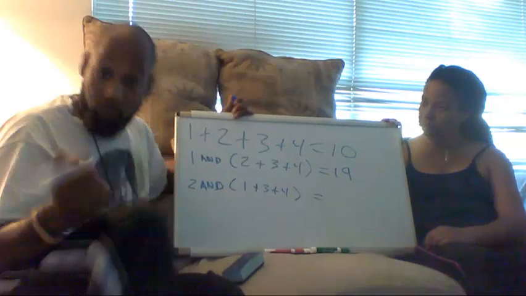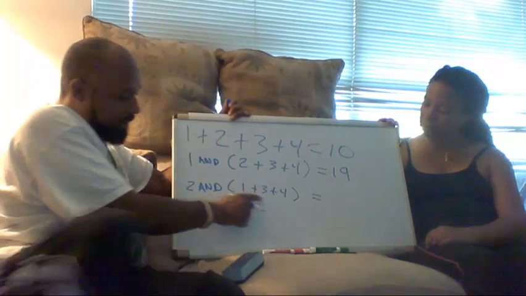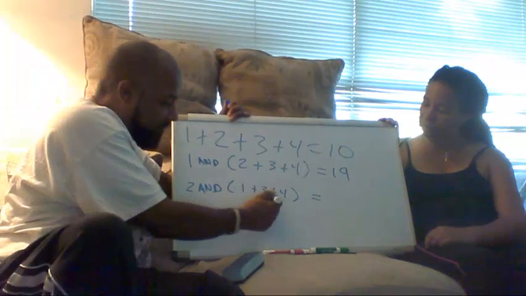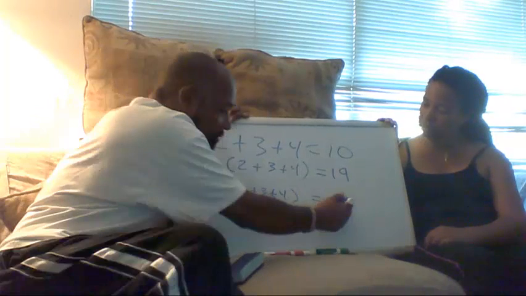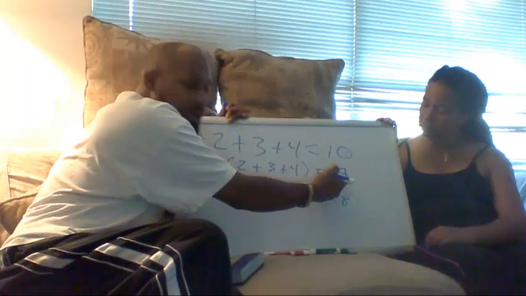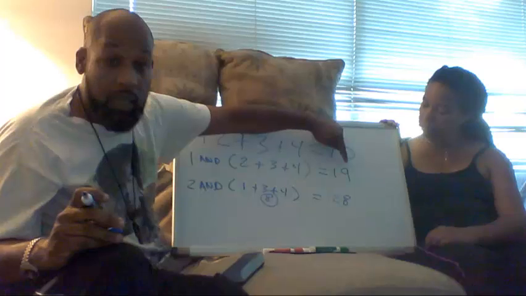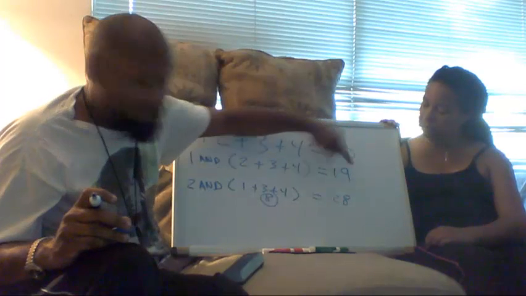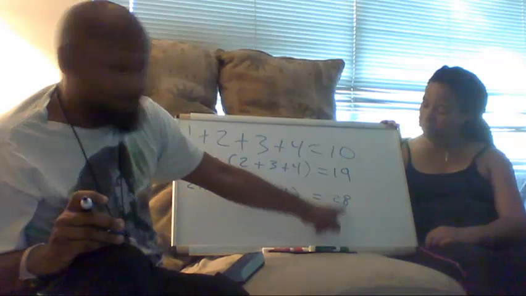Remember, it's going to be 28. Why? Because 2 and 1 plus 3 plus 4 equals 8. So 2 and 8 equals 28. Again, 9 plus 19 equals 28. 2 plus 8 equals 10.